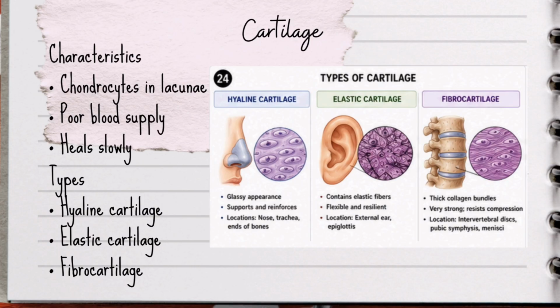The third is fibrocartilage, the strongest type. Rich in collagen fibers, it resists compression and acts as a shock absorber in structures such as the intervertebral discs and menisci of the knee. Each type of cartilage is especially designed to meet the mechanical demands of its location.